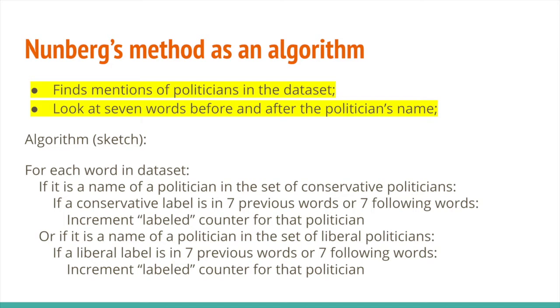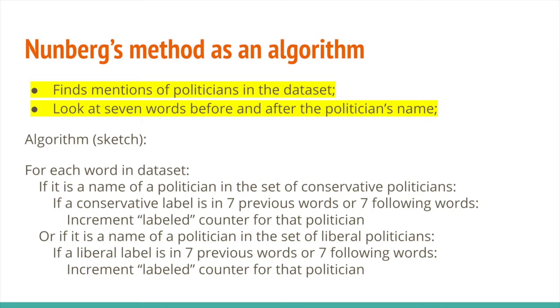But getting closer to a real algorithm, we would say, for each word in the data set, if that word is a name of a politician in the set of conservative politicians, then if a conservative label is in 7 previous words or 7 following words, then we increment the labeled counter for that politician.